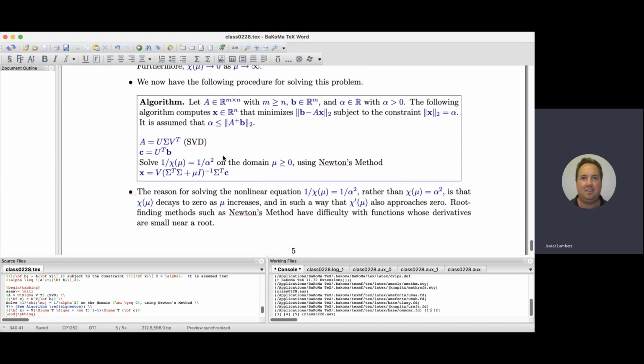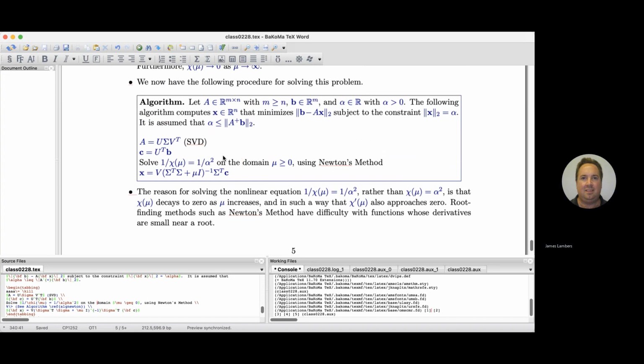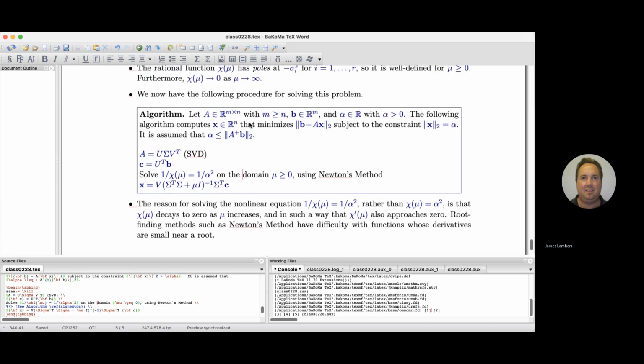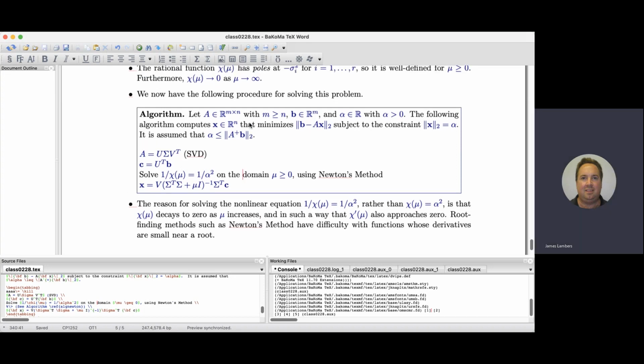That's actually the end of the notes. As far as the homework problems from this section, there were 3 that I assigned.